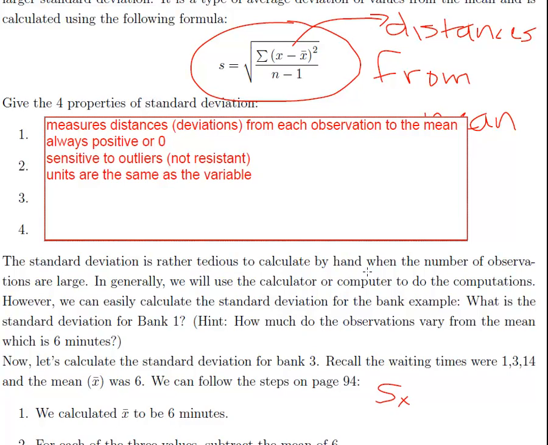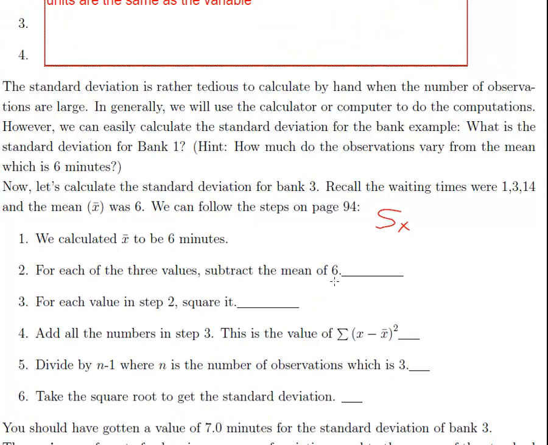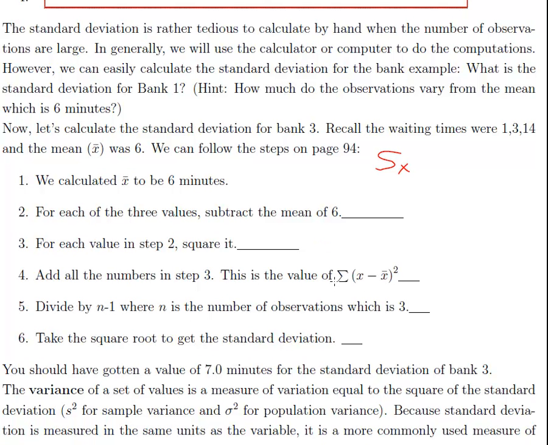We're going to use bank 3. Bank 3, remember, had the following wait times: 1, 3, and 14. We've already calculated the sample mean, which was 6 minutes. So now I want to calculate the 3 distances from the mean by subtracting 6.